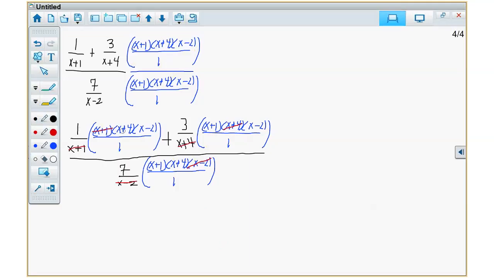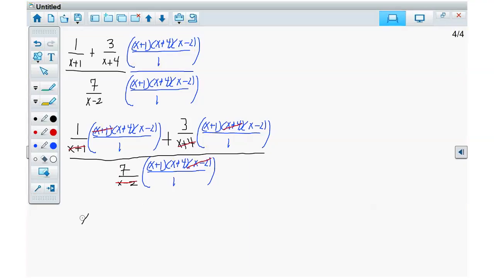So that's 1 times x plus 4, x minus 2. Use your FOIL method. And that's going to give you x squared plus 2x minus 8. Somebody check me.